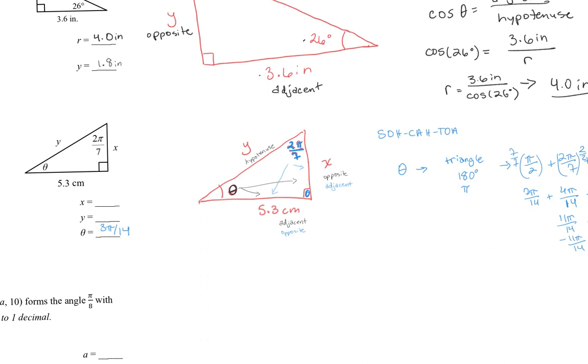Using this angle here, in order to find our x, it's an adjacent side, and we know our opposite side, so we're going to use TOA. Tan of theta is equal to our opposite over our adjacent. And we're doing the blue version.